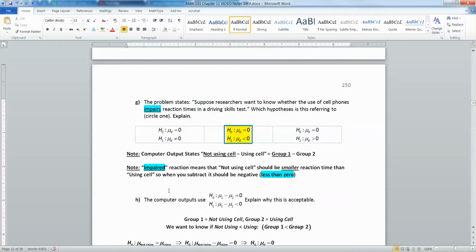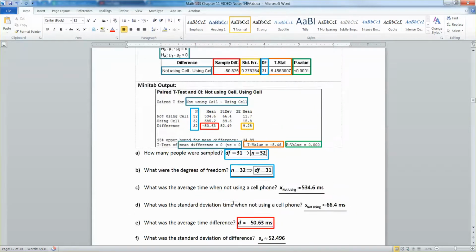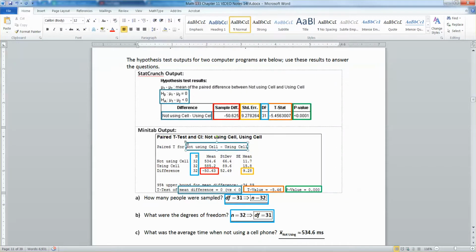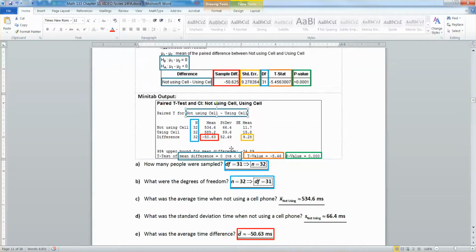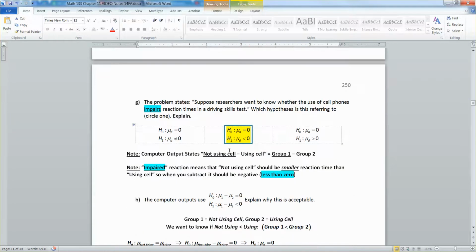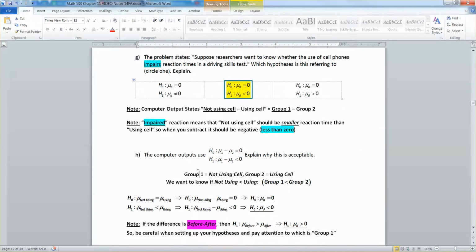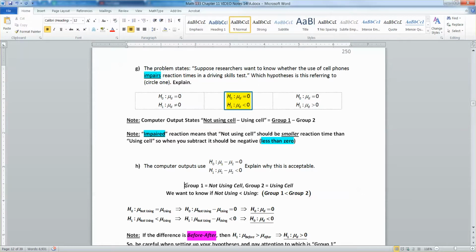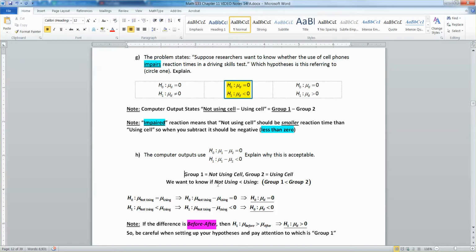All right, now the computer outputs for both of them really talk about mu1 minus mu2 equals 0. Mu1 minus mu2 is less than 0. It's a little bit harder to see in Minitab, but they say it right here with the not using cell minus using cell. That's group 1 minus group 2. All right, now why is that okay? Well, it's not great. Technically, because it's paired data, I don't particularly like that notation. However, I can explain why it works.